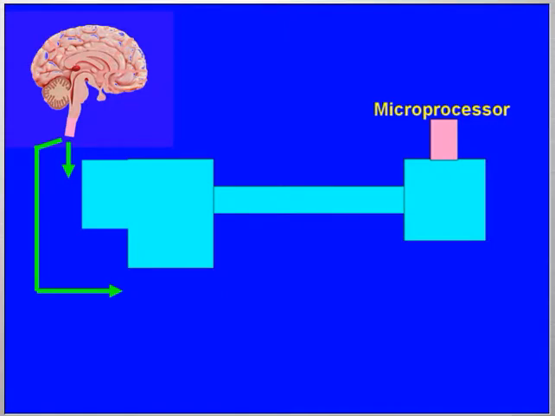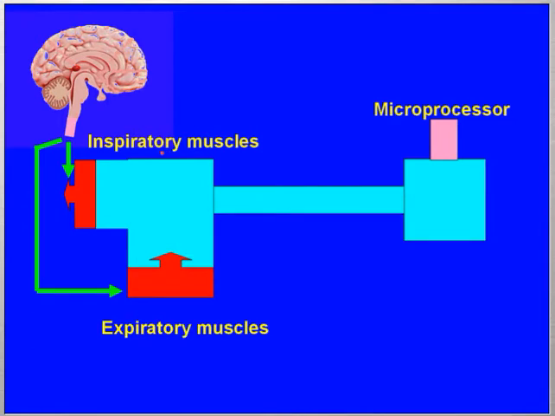So if we break down the patient-ventilator interaction, what is usually conceptually considered as a two-pump system is actually a three-pump system. You have the inspiratory muscles and the expiratory muscles, two different pumps in the patient, and then you have the piston pump, which is part and parcel of the ventilator.